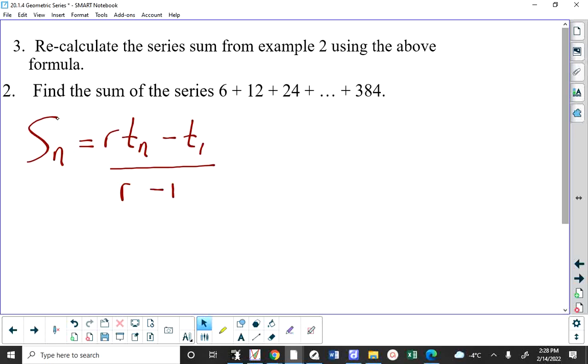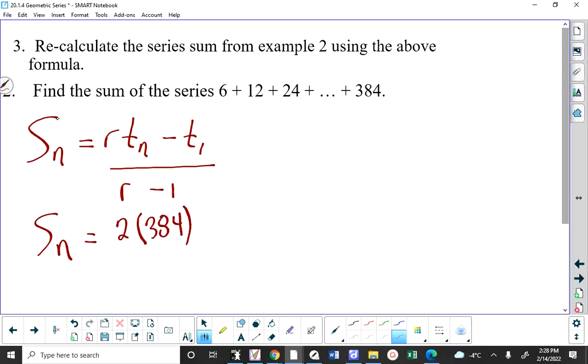But you don't need the number of terms with this formula. Which is really kind of a weird thing. We don't have to know how many terms there are. I don't even know what n is. I can't put in a number for n. I just go Sn equals the ratio times the last term. I mean, you do need to know the last term. Minus the first term over the common ratio minus 1.